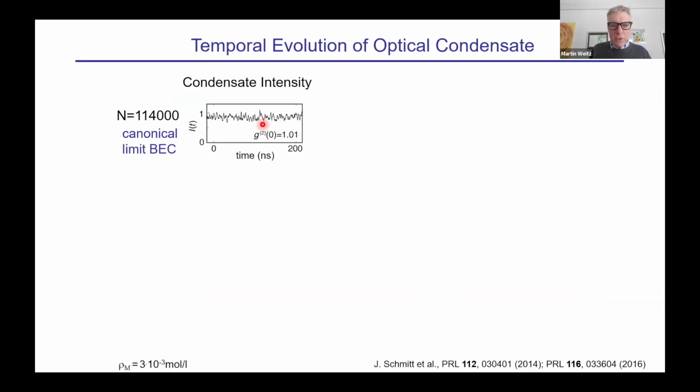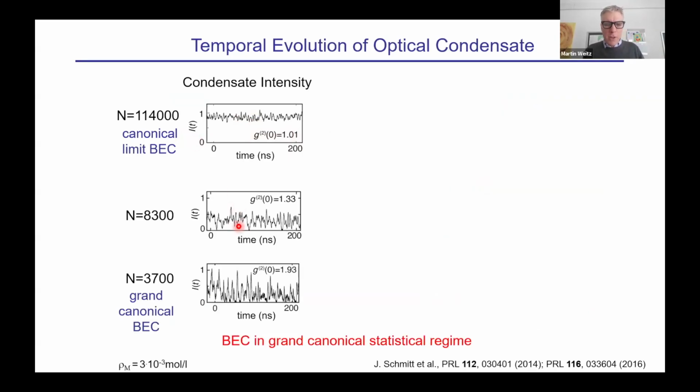And now corresponding experiments, that's the last slide that I will show. First, this is experimental data in the canonical regime, where we have still relatively small fluctuations, so G2 of 0 of about 1.01. But if the condensate becomes smaller, then relative to the photon number, the dye molecule number is large enough such that the square root of n fluctuations of the reservoir mix into the system.